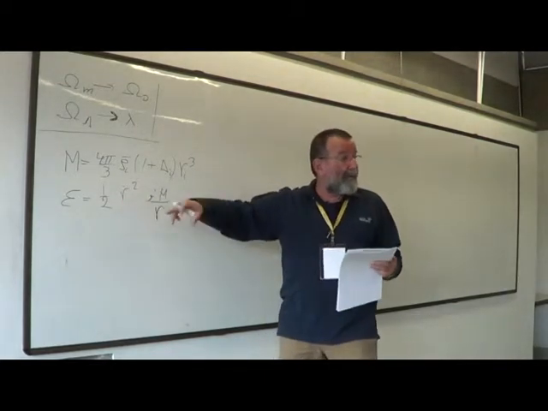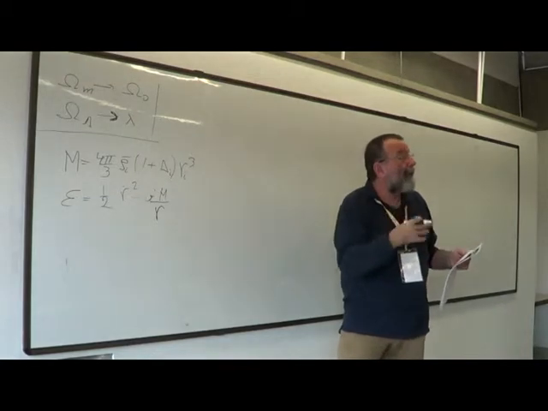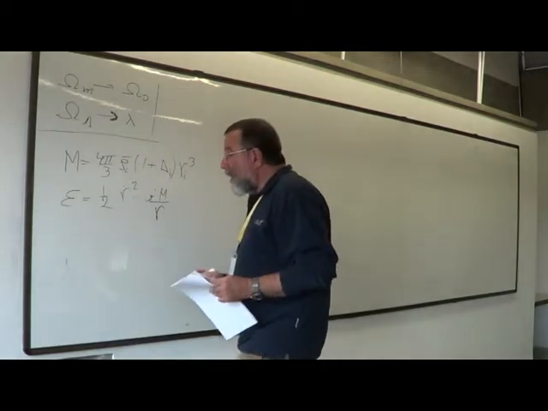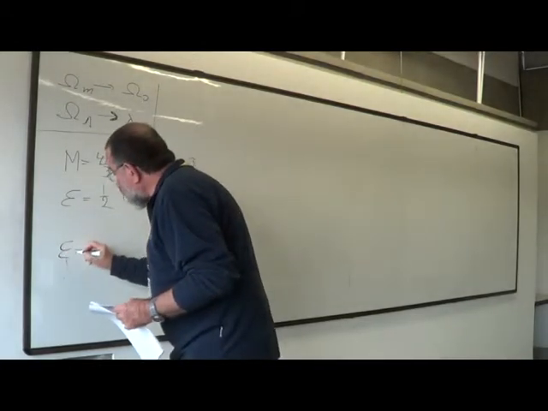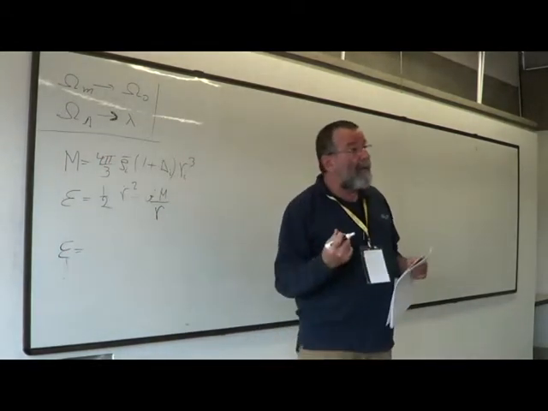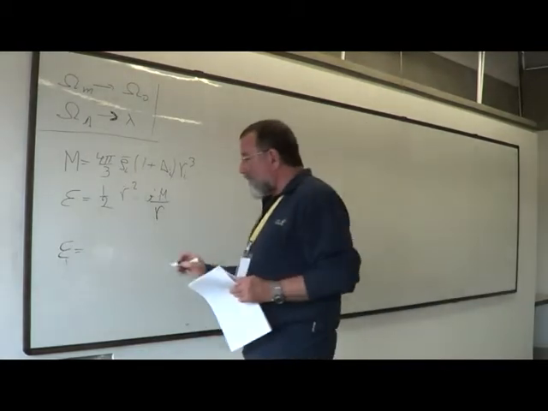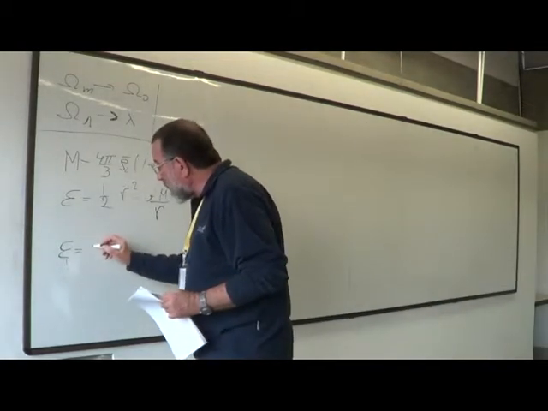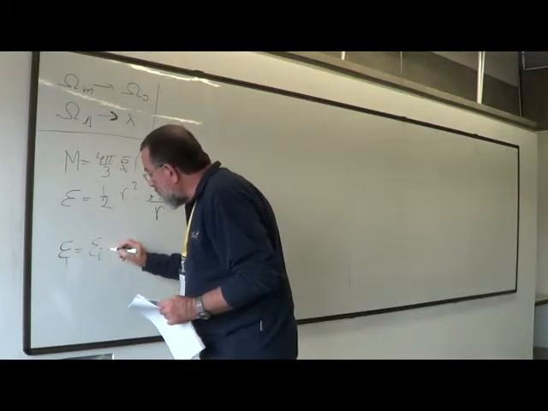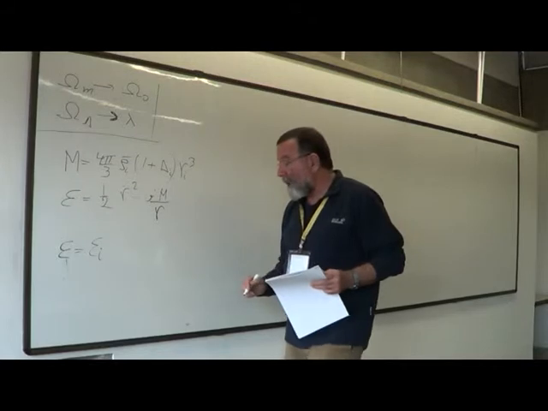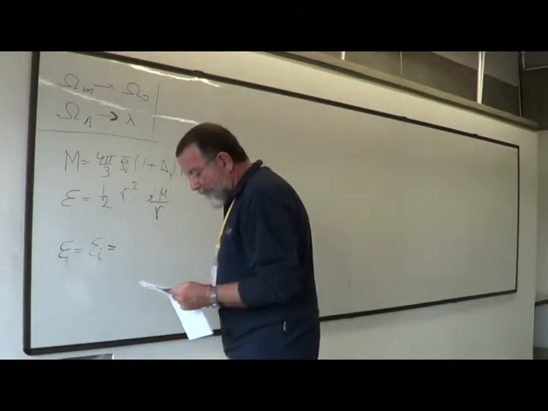If it was not per unit mass, I would have to multiply it by the mass of the perturbation. Okay, so now, because of the spherical symmetry and so on, I'm assuming that I have energy conservation as well. So the energy, in particular, equals the initial energy that I have at my initial time, initial epoch.